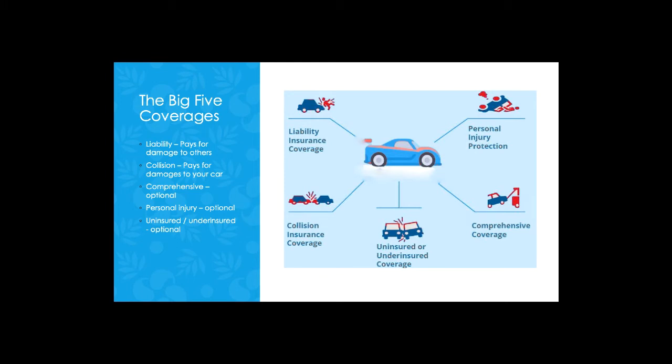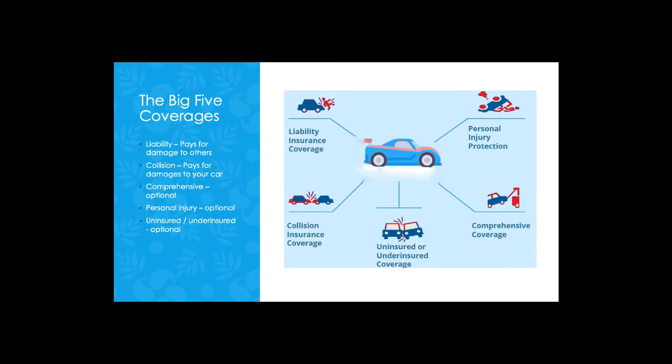Here in the United States, automobile insurance typically has 5 different types of coverage. There is liability coverage, which, if you are involved in a collision, pays for damage to the other guy's car. Collision is the coverage that pays for damage to your car. Comprehensive is optional coverage that pays for anything else besides collision and liability.